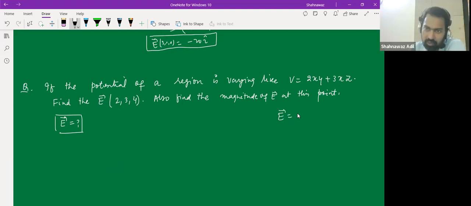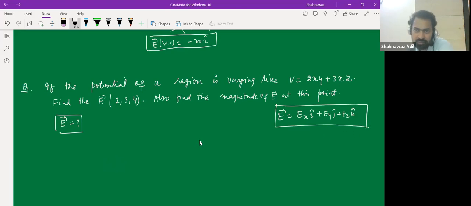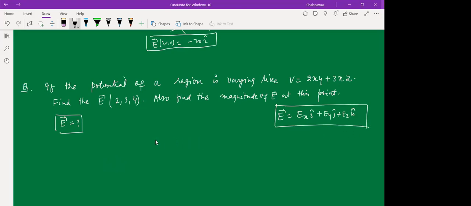Okay, and Aisha, what did you get? To calculate the electric field, we need X component, Y component, and Z component. Right. So Aisha, what did you get? I got the X, I think.